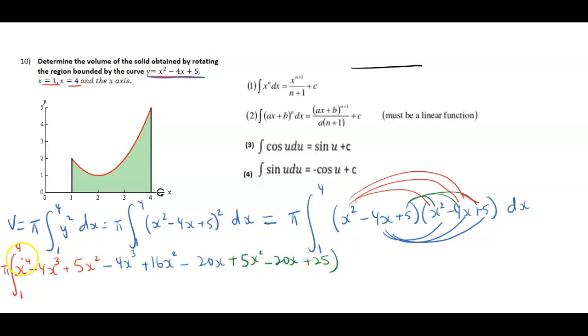Right, now all of this I have to integrate with respect to x. Now I just want to simplify this whole long equation. 4 and 1 are my upper and lower limits. This is the only x to the 4, so I'm just going to write back x to the 4. Then I'm seeing here I have x cubed here, x cubed here. So that looks like it's minus 8x cubed, x squared here, and x squared here. So that's 10 and 16.